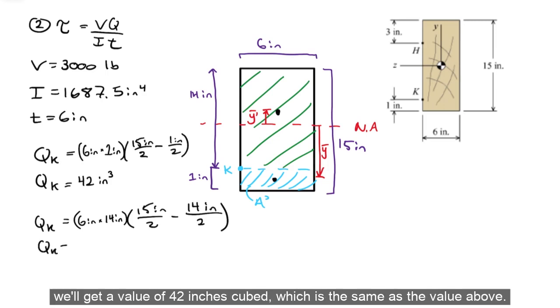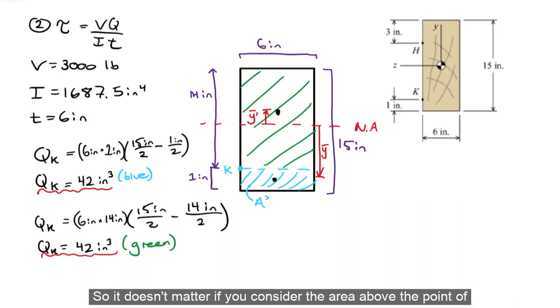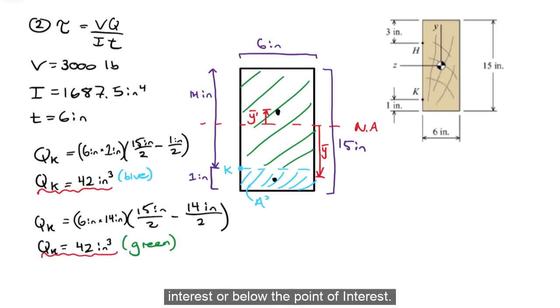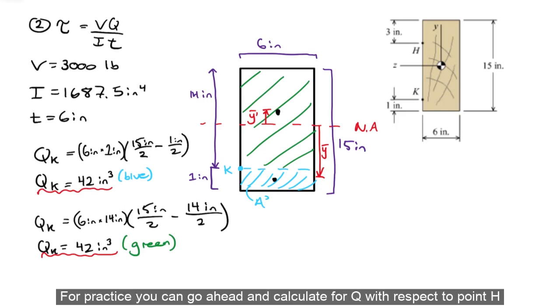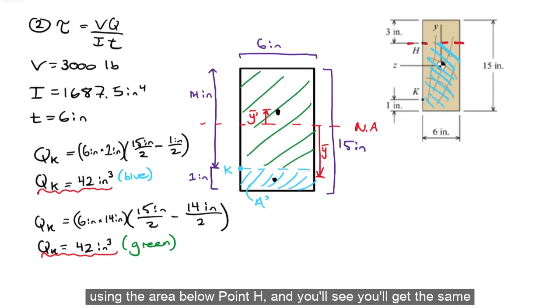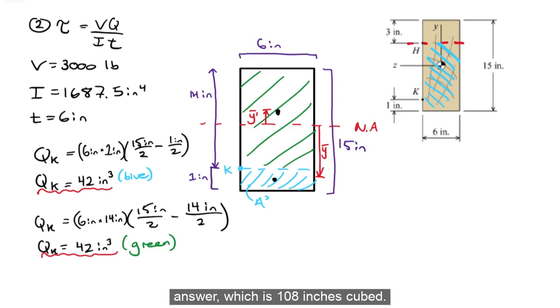And we'll get a value of 42 inches cubed, which is the same as the value above. So it doesn't matter if you consider the area above the point of interest or below the point of interest. For practice, you can go ahead and calculate Q with respect to point H using the area below point H, and you'll see you'll get the same answer, which is 108 inches cubed.